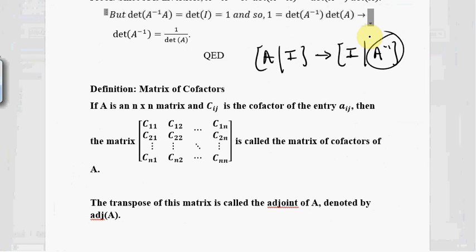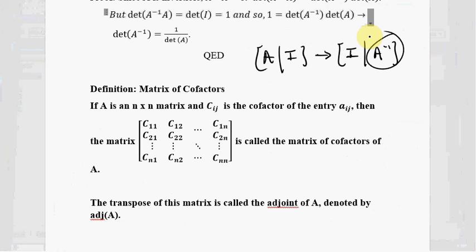Yes, it is. And one way is to first find the matrix of cofactors. So if you've got a square matrix, some n by n matrix, find for each entry its cofactor. And then when you've found the matrix of cofactors, transpose it. The transpose of this matrix is called the adjoint.